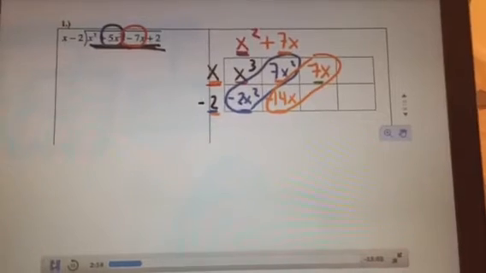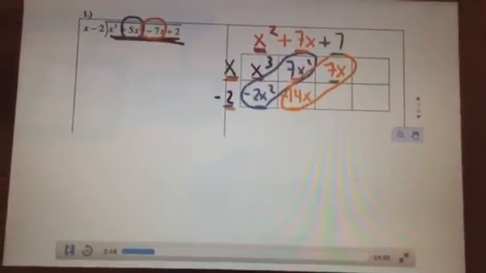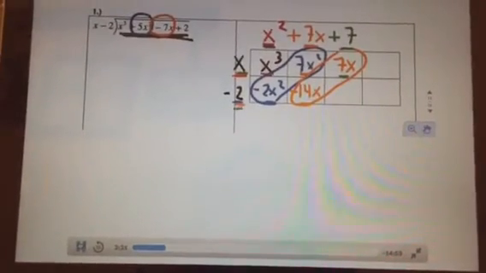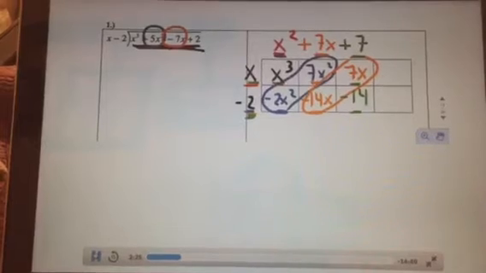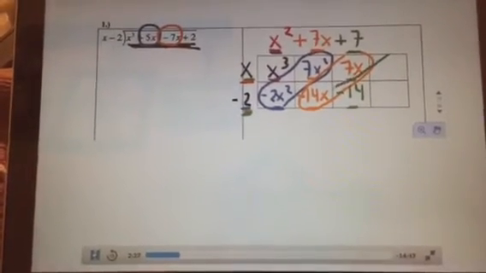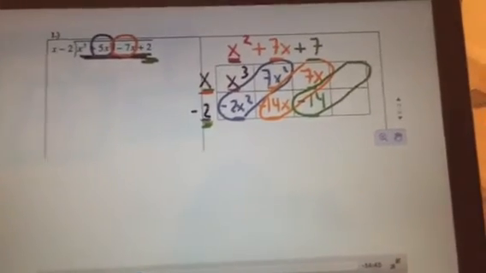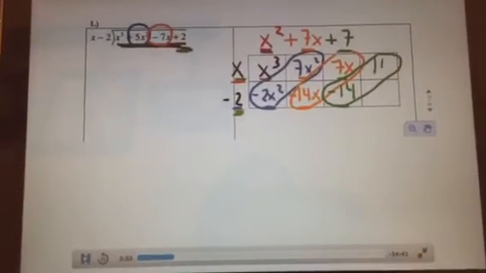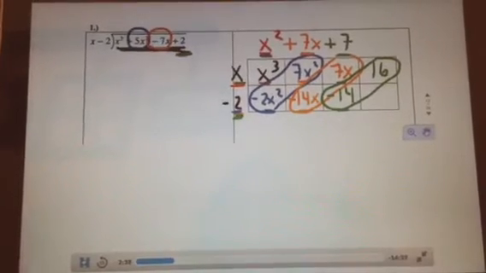So then I think, alright, I need 7x. It's got to be something times x, so I need positive 7. Then I take that positive 7 times the negative 2 to get this block, so I get negative 14. And then I know that these two have to combine to give me the positive 2. Well, I have negative 14, so I'd need positive 16, so that 16 take away 14 gives me positive 2.